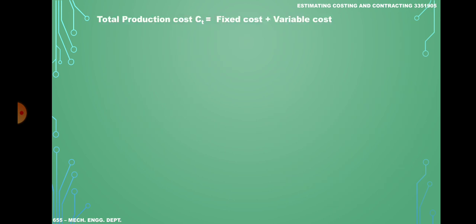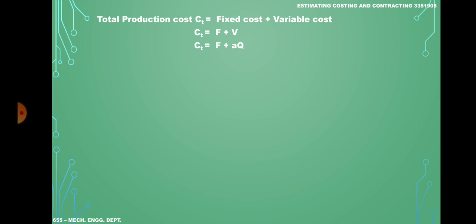Starting with total production cost, CT equals fixed cost plus variable cost. So CT equals F, where fixed cost is denoted by F and the variable cost is denoted by V. So the equation becomes CT equals F plus AQ, where A is the variable cost per unit and Q is the break-even quantity.